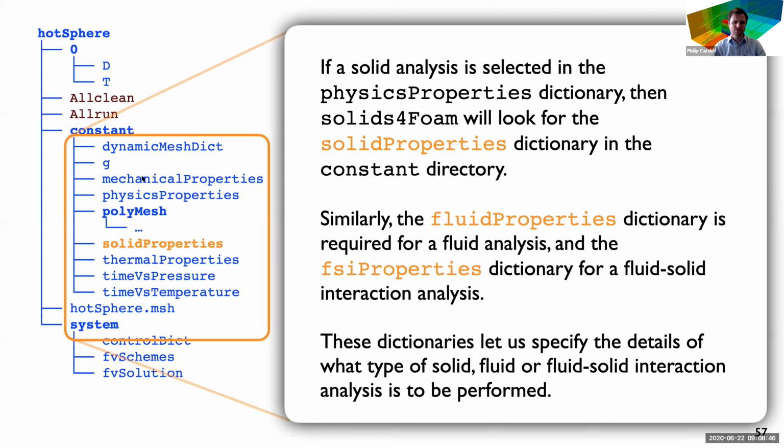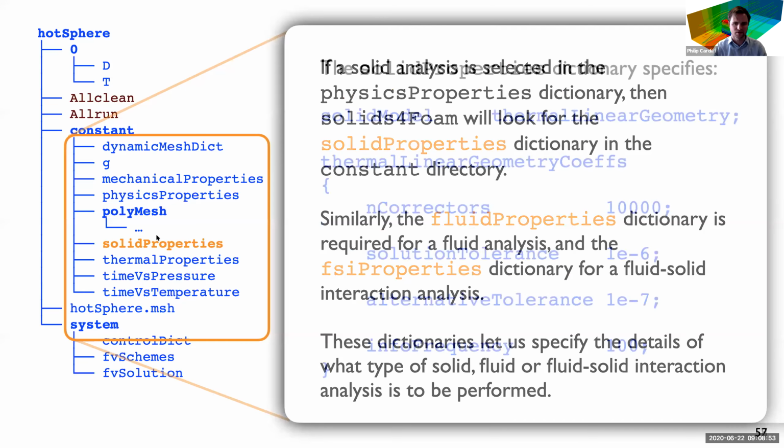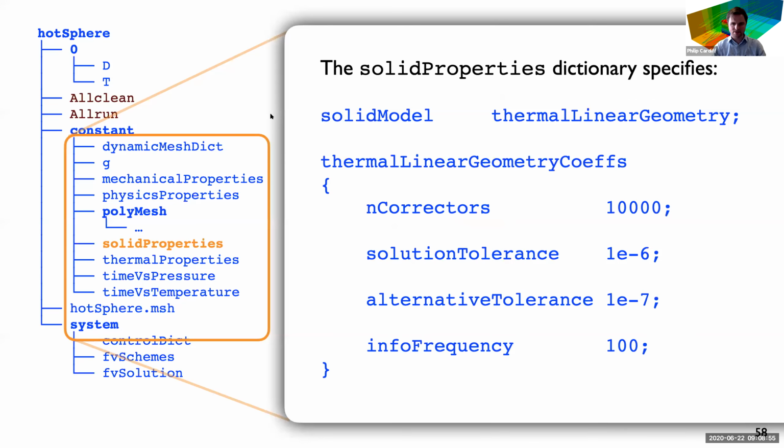Within these solidProperties or fluidProperties or FSIProperties, there are settings to do with the solution of the governing equations. In our test case, we have a solid problem, and then the solid model defines essentially what kind of solver is used. We're using this thermal linear geometry. It has some settings. All of these default to reasonable values, so you normally don't have to set anything.